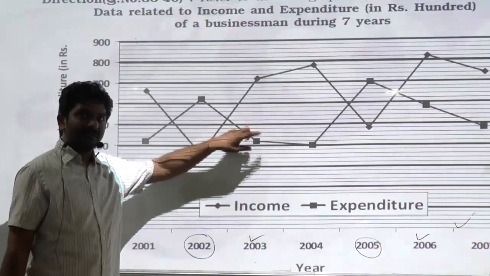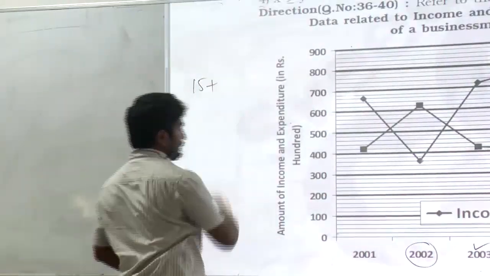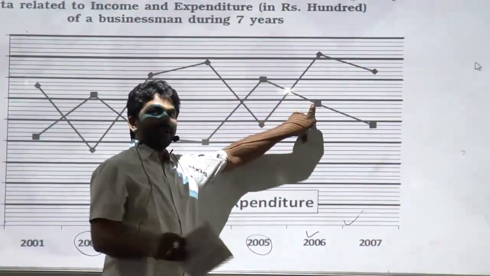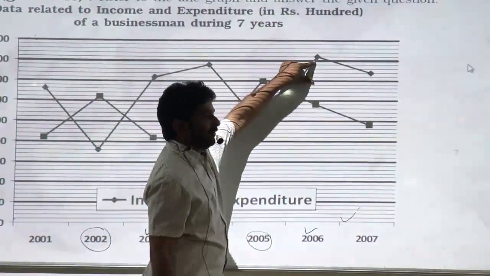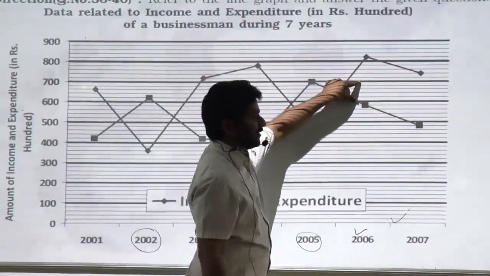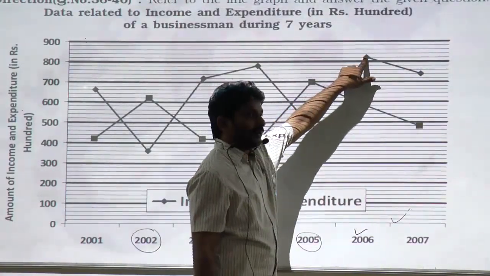How many lines? 15 lines, right? And in 2006, also let's calculate only the number of gaps in terms of lines. Here we have 5 between 2 thick lines, and here also we have 5, total 10 plus 1 plus 1, total 12.